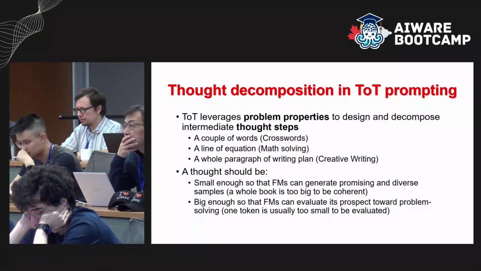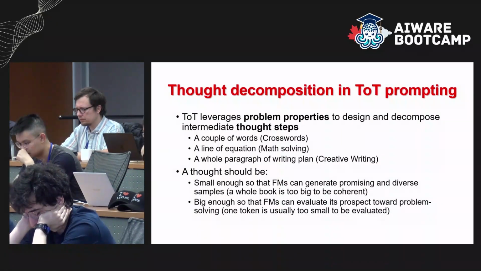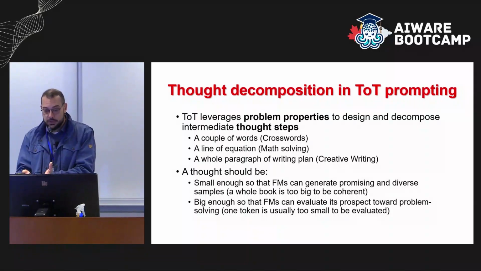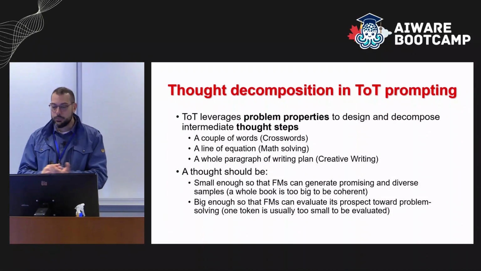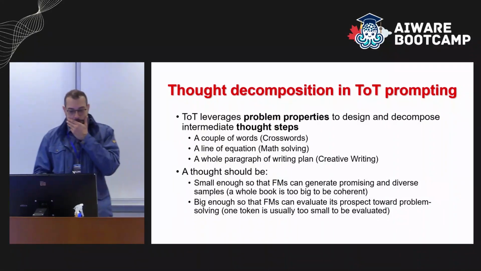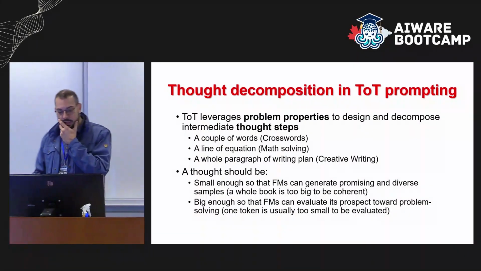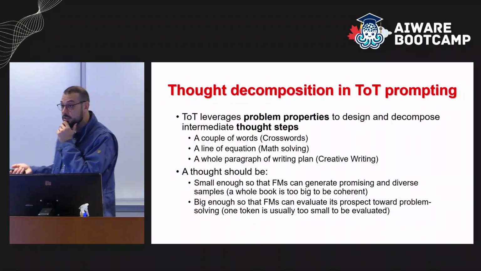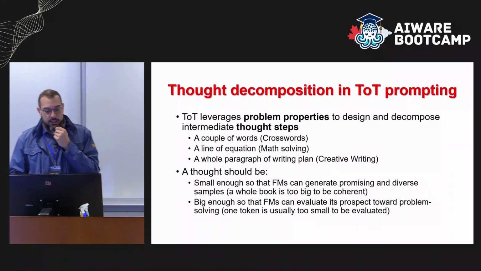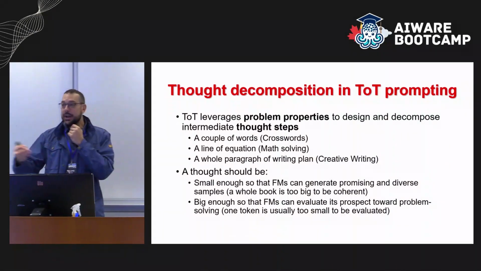So, as I mentioned, the first step is to decompose the tree of thought prompting. Here you have to look at your problem to understand how to decompose the tree of thoughts into thought steps. For example, in a crossword problem, your thought will probably be a couple of words. In math solving, your thought could be a line of an equation.